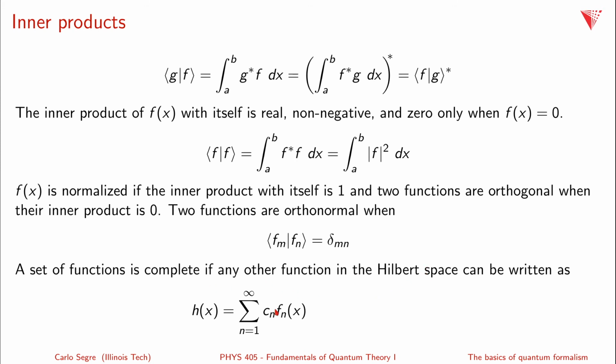So in this case, f sub n spans the Hilbert space, and h of x lies in the Hilbert space, and it's just written as a sum of these functions. We've seen this before. This is just a little bit more formal.